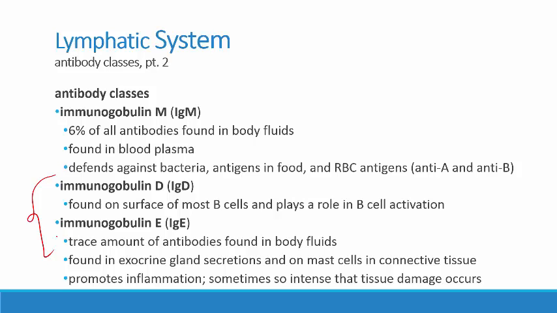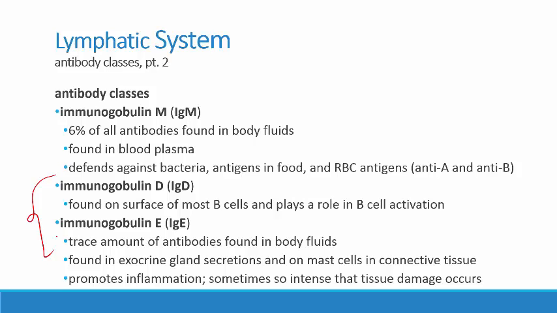While IgE is just a small amount of antibodies found in body fluids. They're found in exocrine gland secretions and also in connective tissues on those cells that we talked about back in the tissues chapter 5, as mast cells, the ones that are going to be involved in inflammation.